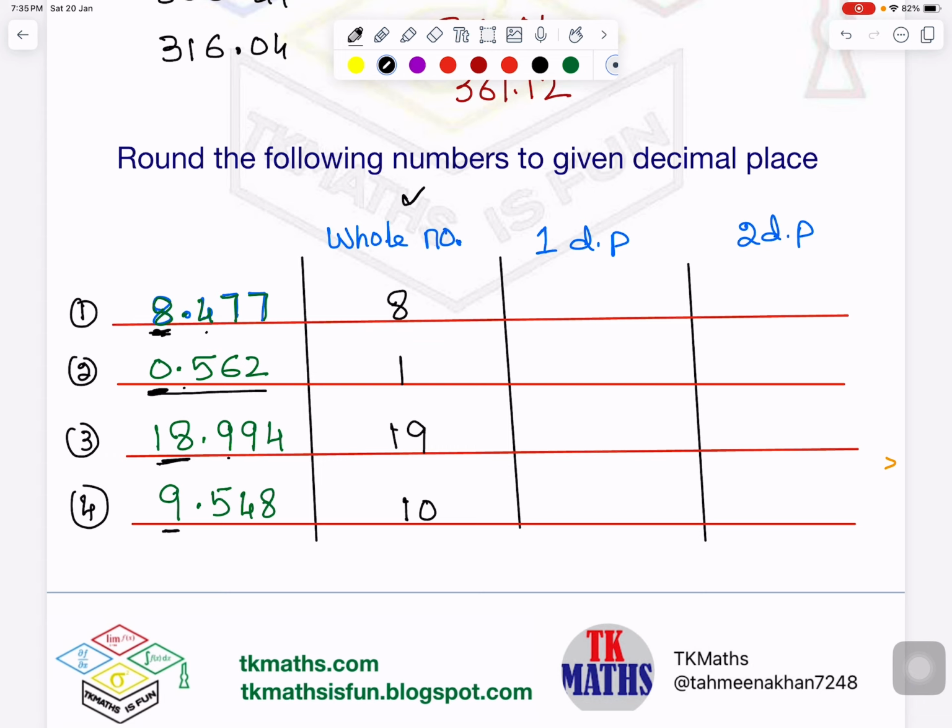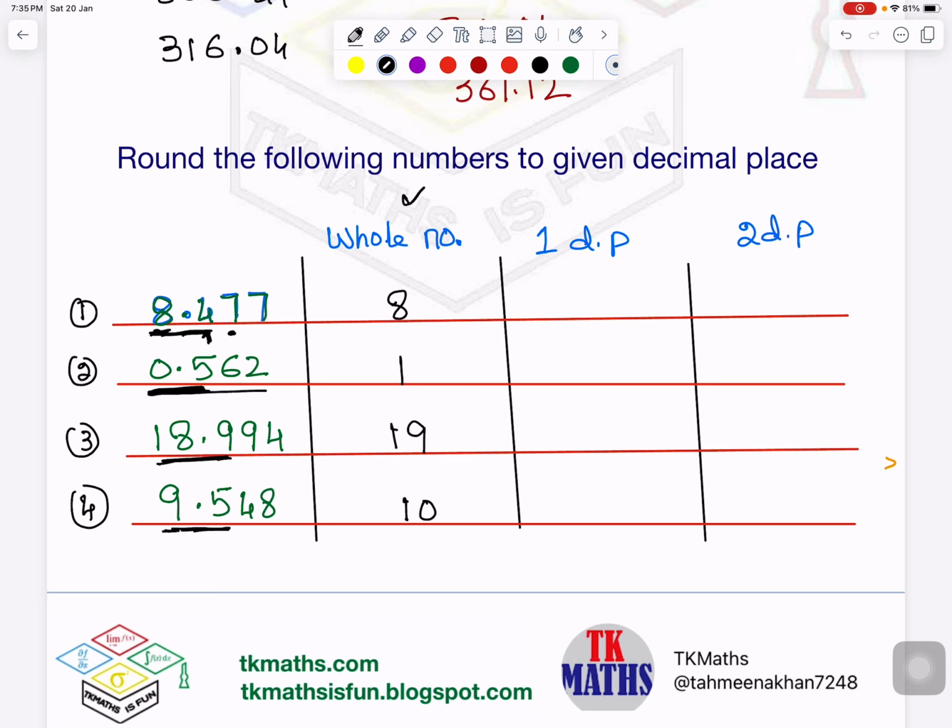Now 1 decimal place. It means again now I have to give answer till here. Till here. Till here. Till here. Okay. So if I have to give answer till first decimal place, then I will see the digit after this. Not what after that also. Just one digit after 1 decimal place.